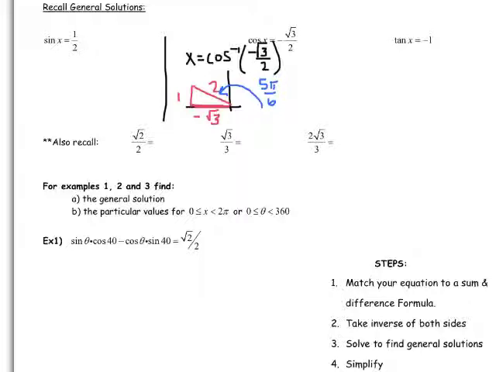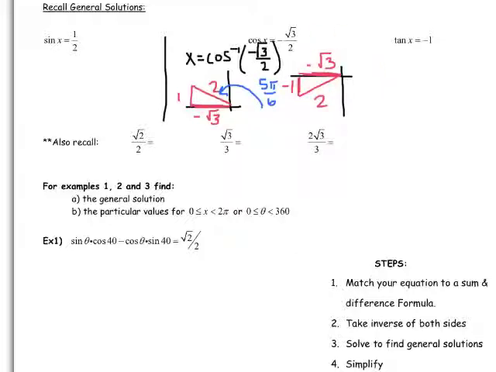Let's find where else you could have an adjacent that's negative. That would also happen in quadrant 3, so I'll draw quadrant 3. In quadrant 3, I could still have a negative root 3 with a hypotenuse of 2. Now my opposite would be negative 1, but that doesn't matter. This is still pi over 6, but now I'm going to 7 pi over 6.